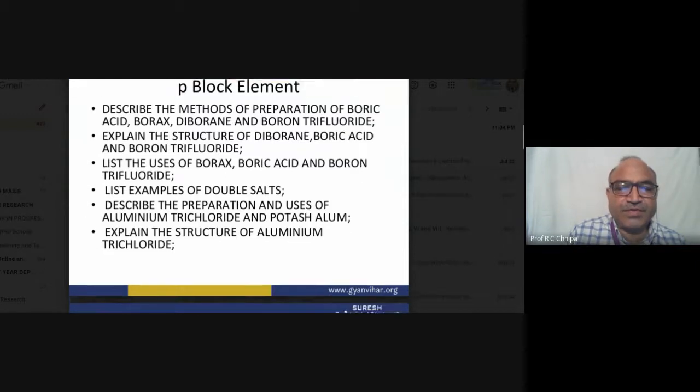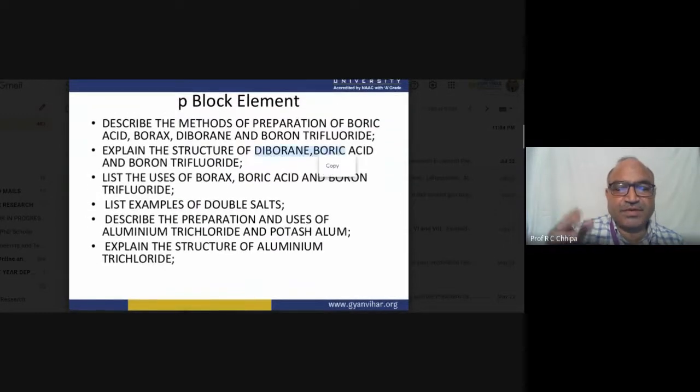Then we have one of the most important, as I have mentioned, diborane. What is the structure of diborane? Is there any special feature in the compound? In the case of boron trifluoride, all of you are well aware that it is an electron deficient compound; its octet is not complete.